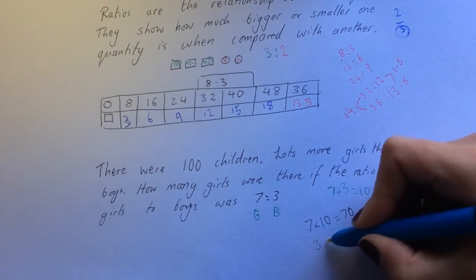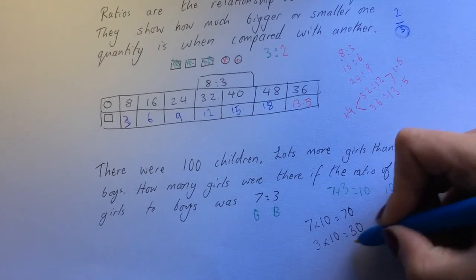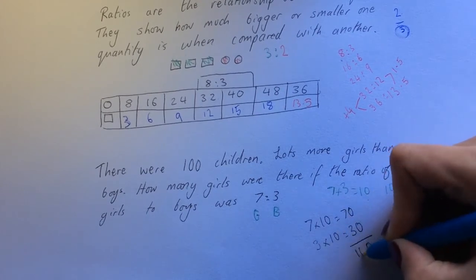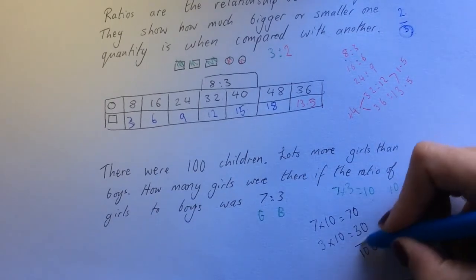And then 3 times 10, it's going to equal 30, which together equal 100, my total.